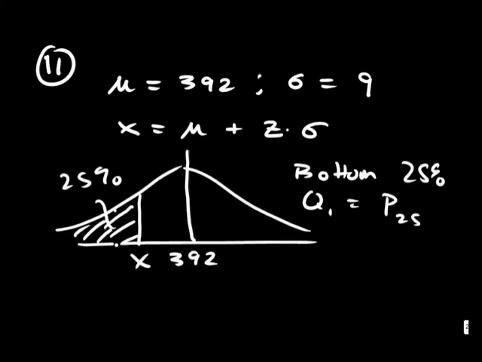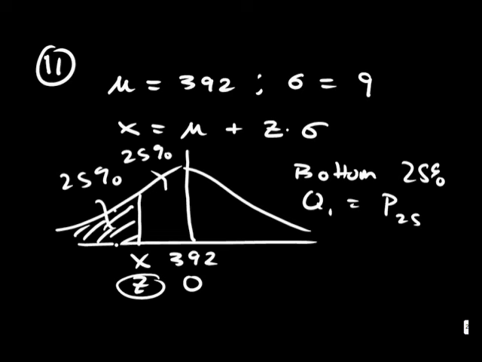So what we're going to have to do, we know 392 as a z-score is 0. The key is to find the z-score associated with the bottom 25%. So if this is a left tail that's 25%, what's not shaded is also 25%. 25% is not shaded, 25% is shaded.